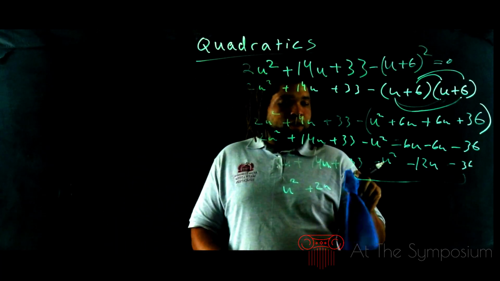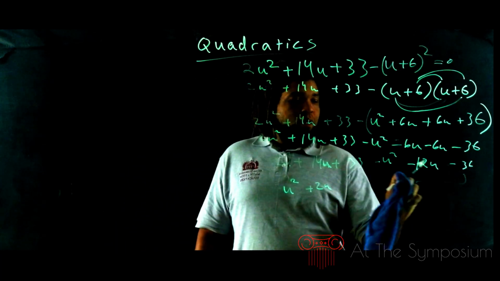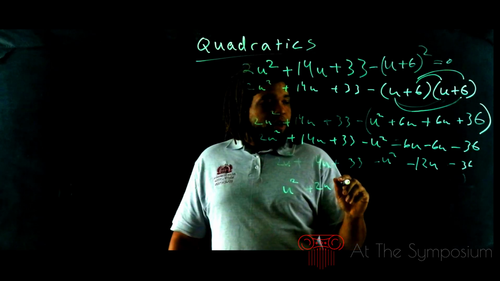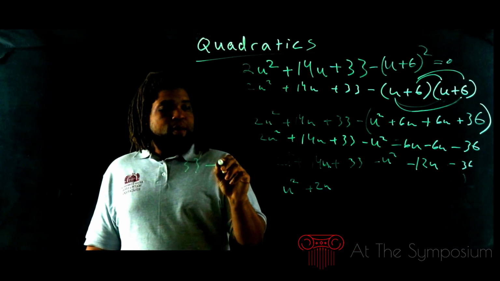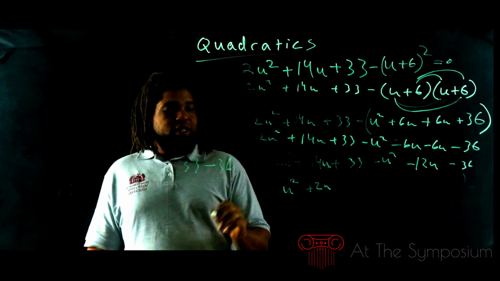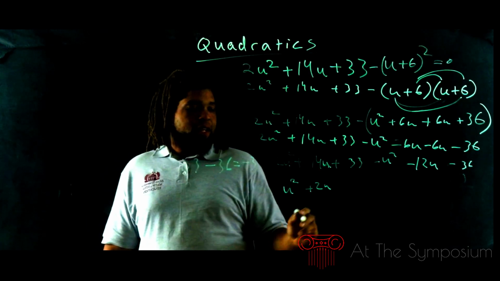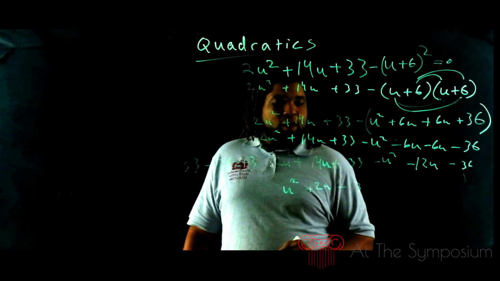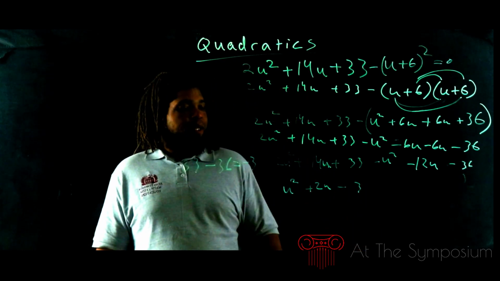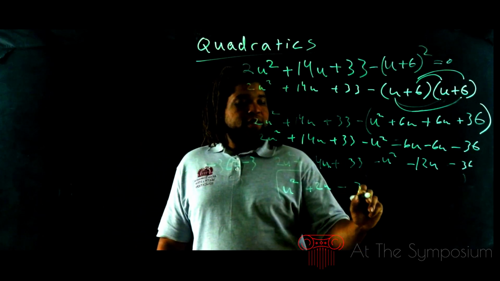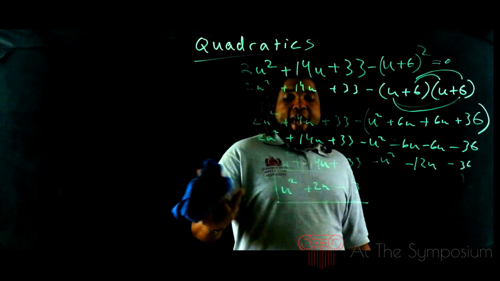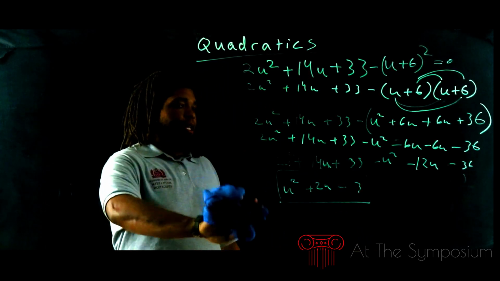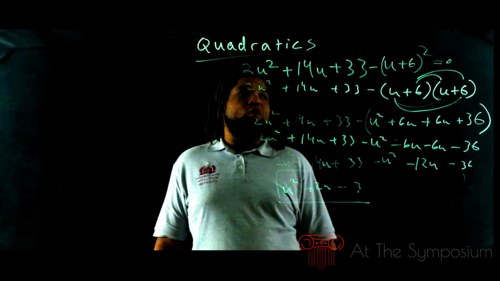So we can deal with those. How are we going to deal with those? We are going to say 33 minus 36 is going to give us negative 3. So now we have u squared plus 2u minus 3. And now we're back into a simple quadratic form.